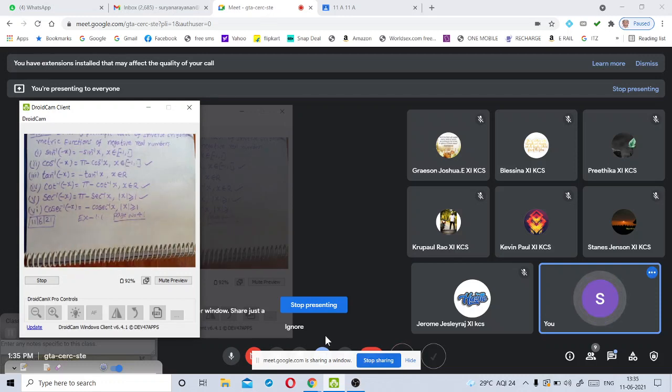Are you ready with the textbook, my dear children? Page number 41. Yes, sir. On page number 41, in exercise 1.1, see the first one: sine inverse of minus 1 by 2.